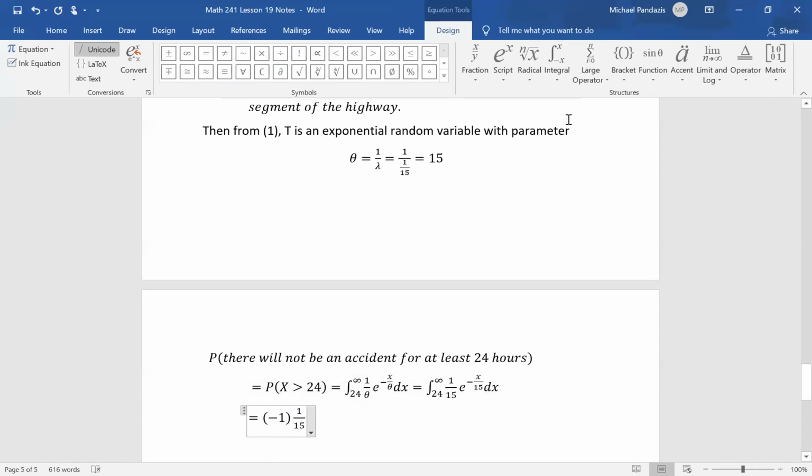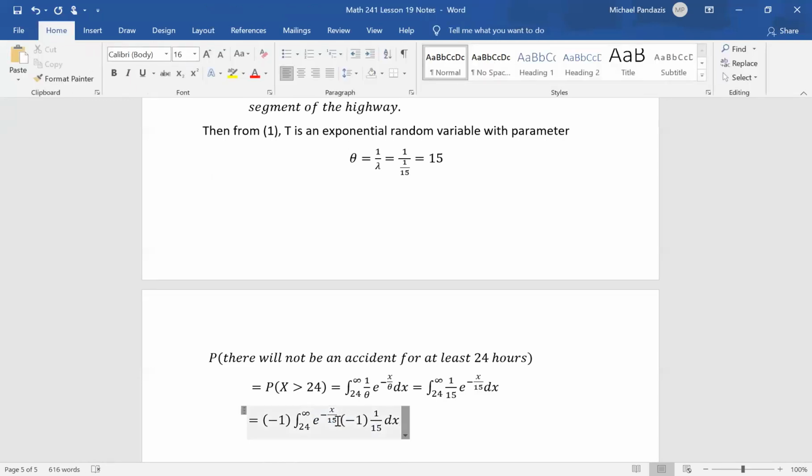You have the -1, you have your integral from 24 to infinity of e to negative x divided by 15, 1/15th here, dx. So I just multiplied the inside and outside by -1.